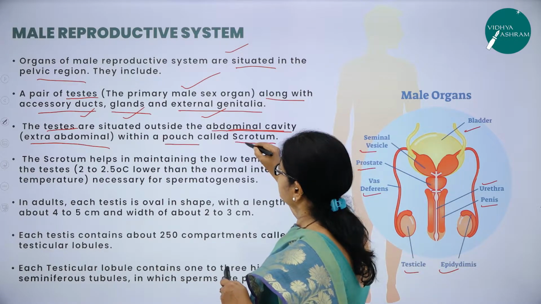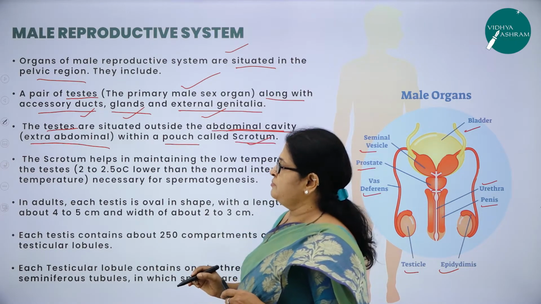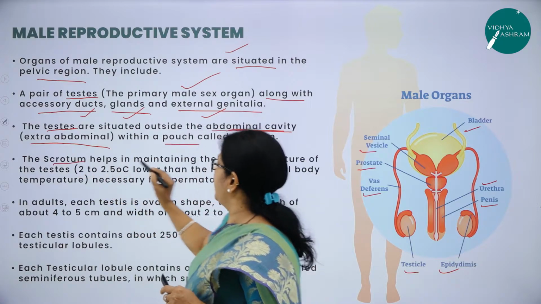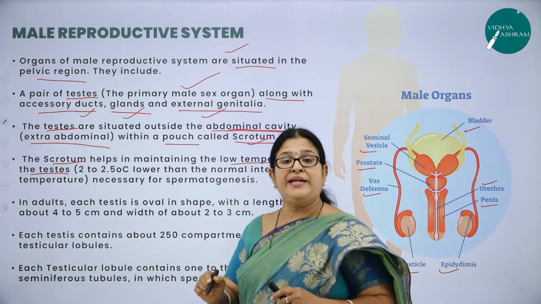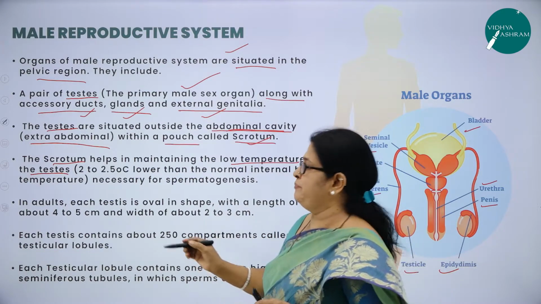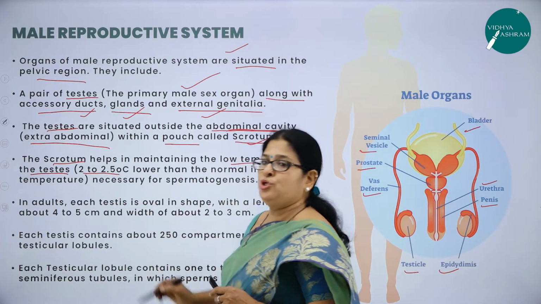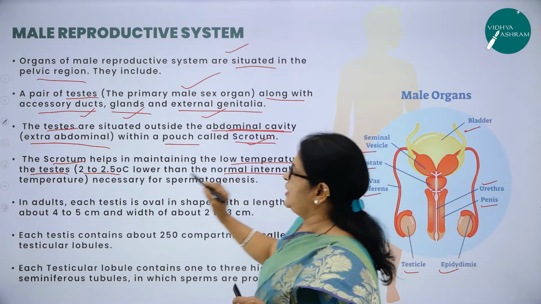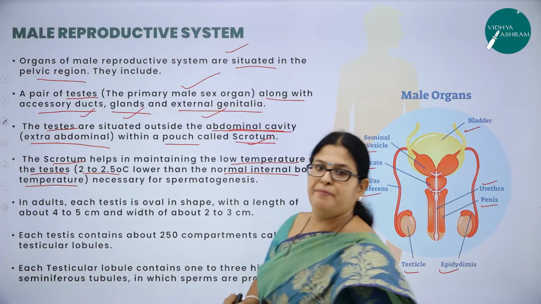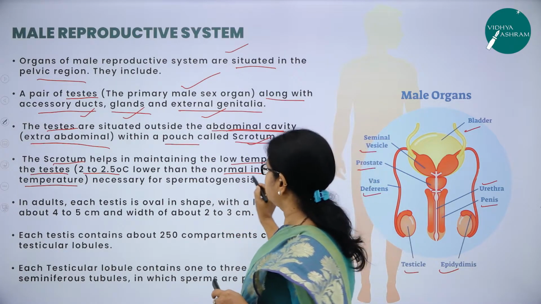And what is a very important function of the scrotum then? This scrotum helps to maintain the low temperature of the testes. Why does it have to maintain the low temperature? What is the temperature that is maintained? 2 to 2.5 degree centigrade lower than the normal internal temperature, right? And which is necessary for what?